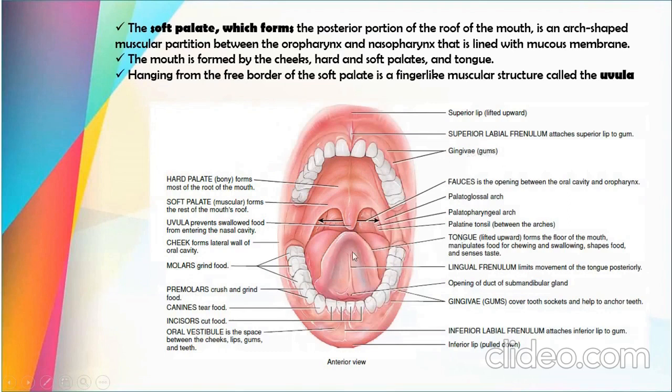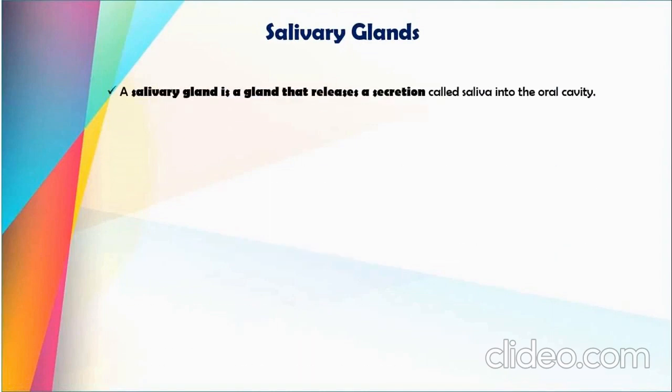Next is the tongue, and the salivary glands. A salivary gland is a gland that releases a secretion called saliva into the oral cavity.